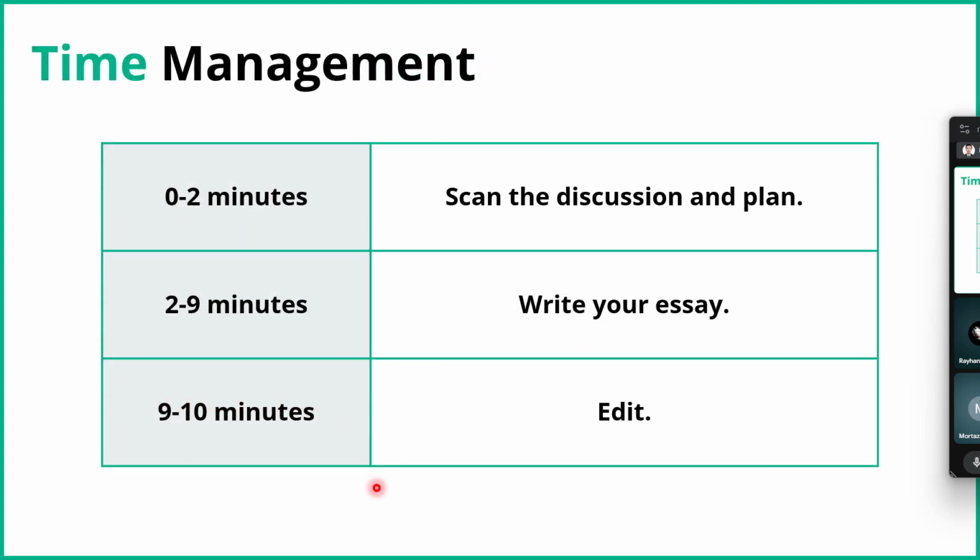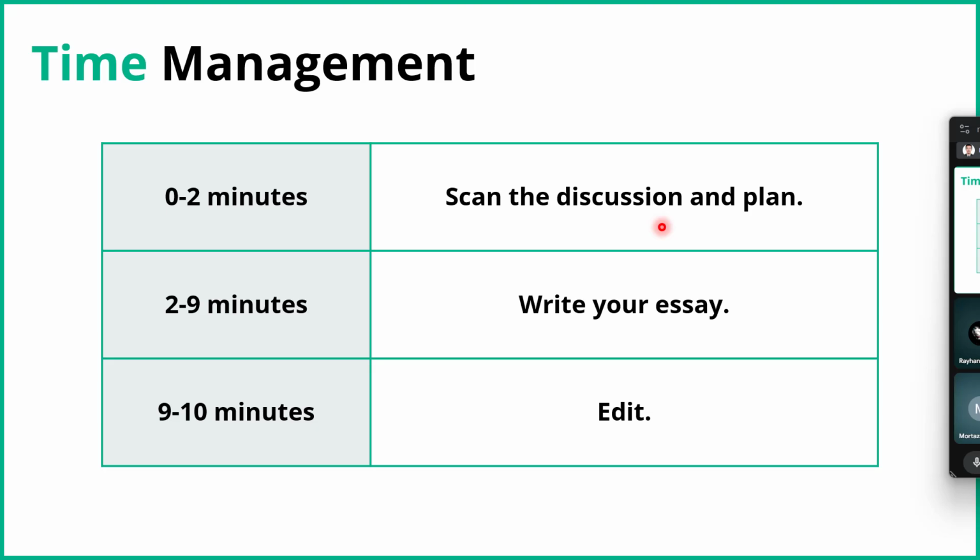So how to manage your time? Time management would be an important issue as well, because if we are not able to manage our time efficiently while we're on the test, we're losing lots of points. We will lose, for example, especially the last part, which is editing and correcting our mistakes, reviewing it. So for time management, for the first 2 minutes, try to scan the discussion and plan it instantly.